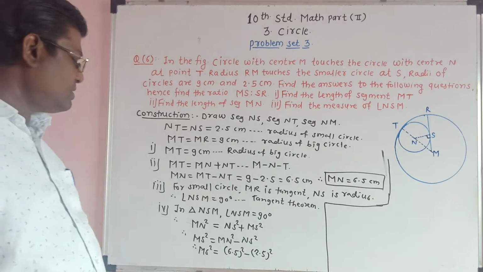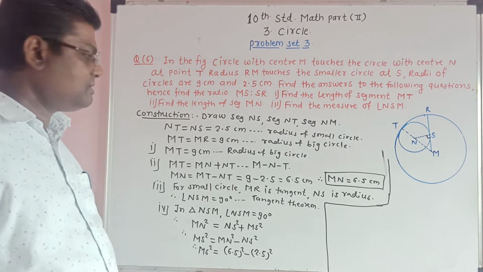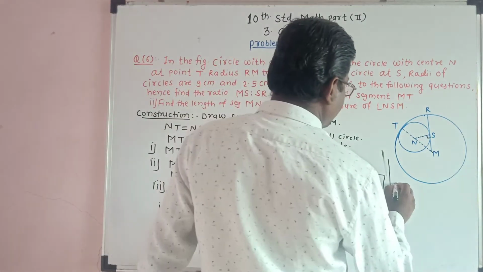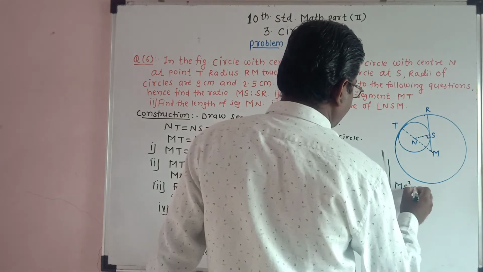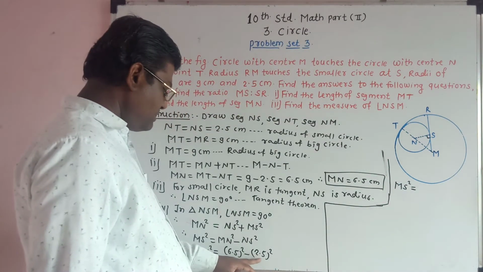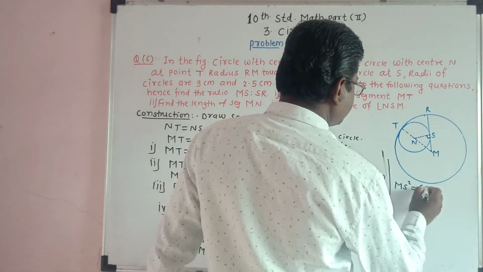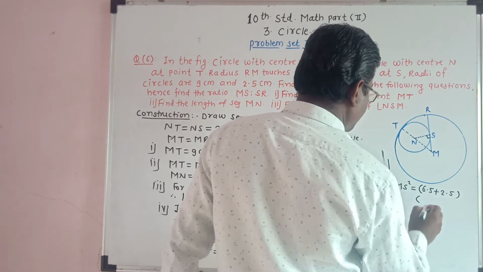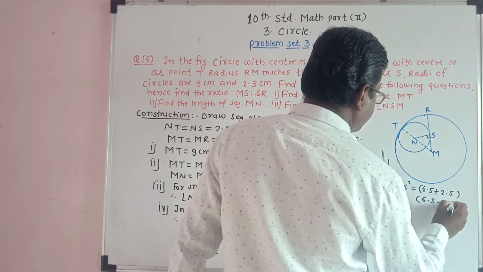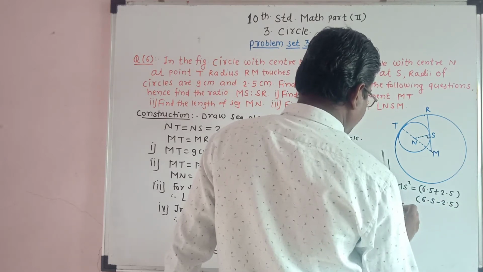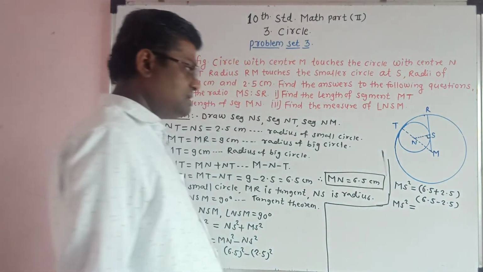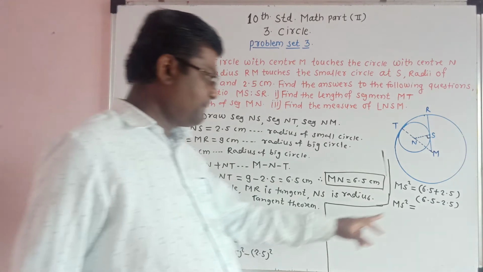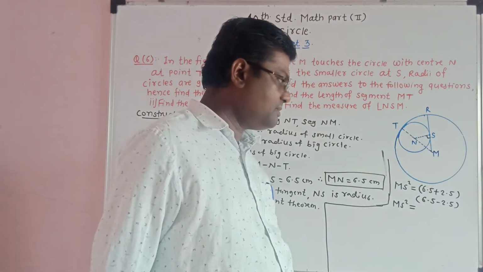We know expansion of A square minus B square is A minus B into A plus B. Therefore we write MS square is equal to 6.5 plus 2.5 into 6.5 minus 2.5.